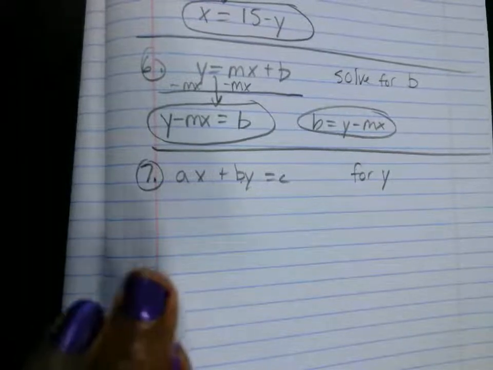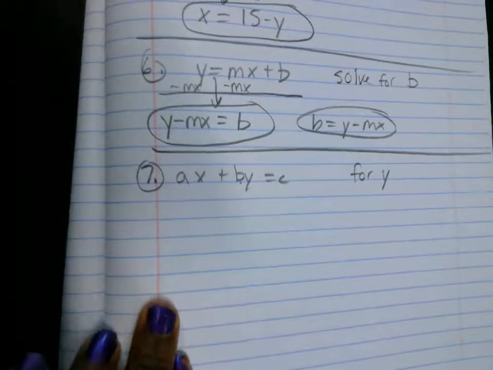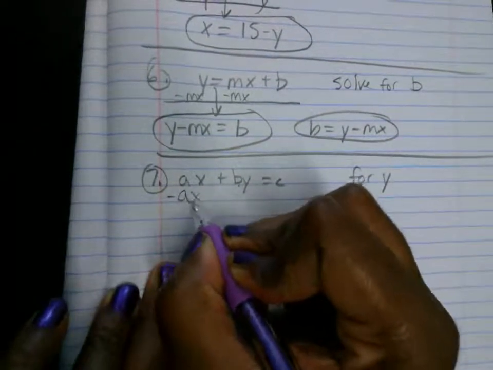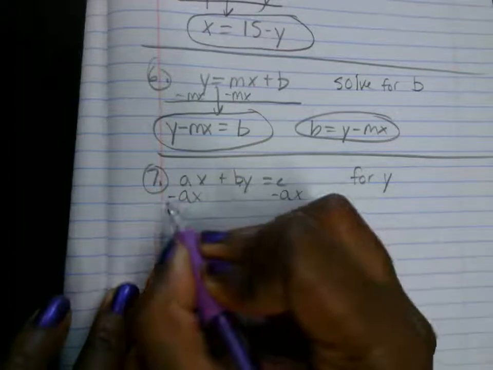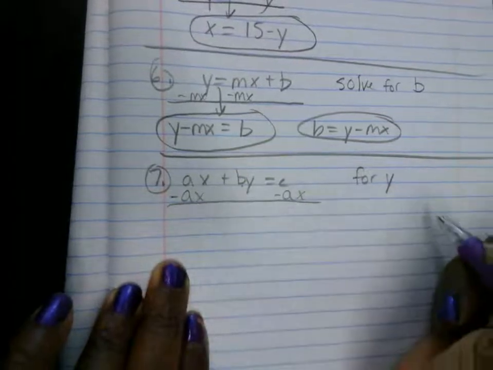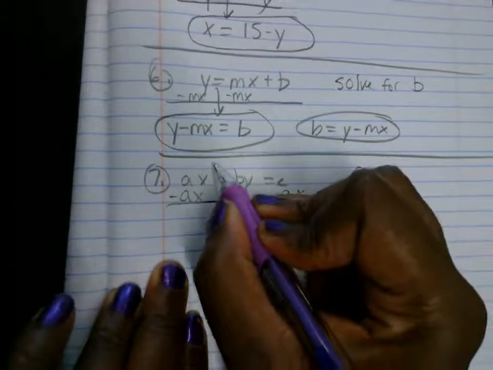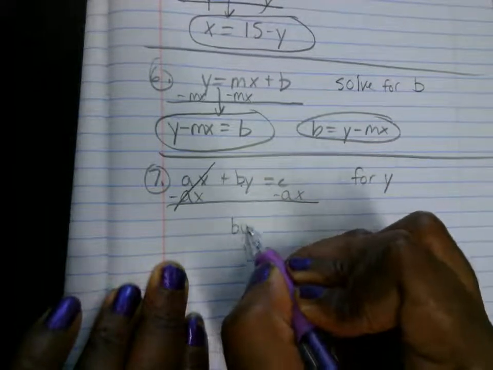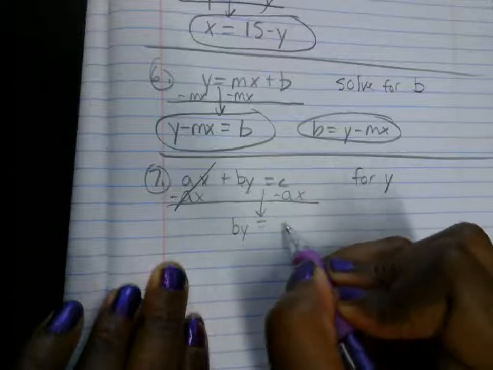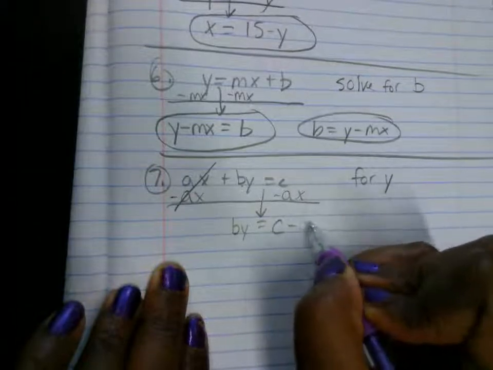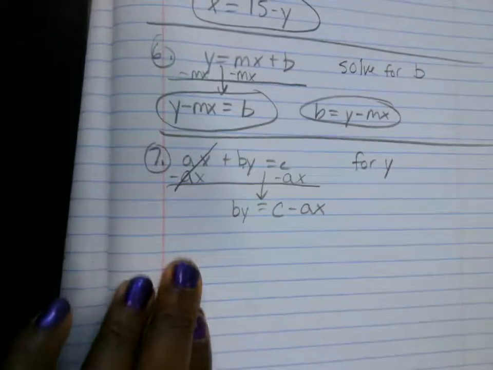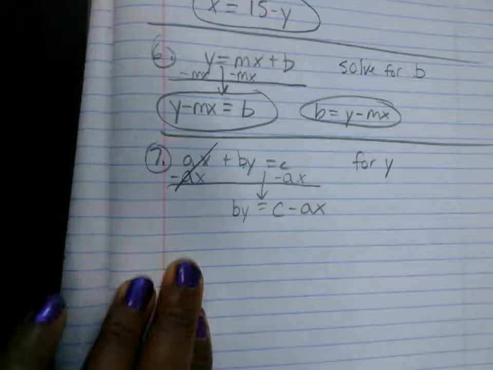So now what can I add or subtract to move? Mia? Subtract AX from both sides. So when I subtract AX from this side, I'm left with BY equals C minus AX. Okay. So now what do I do in order to get Y by itself, Jay?